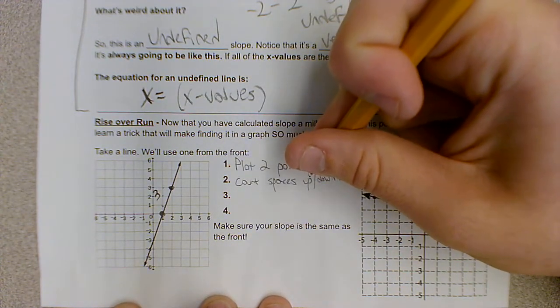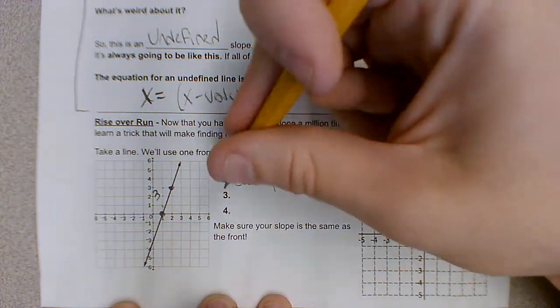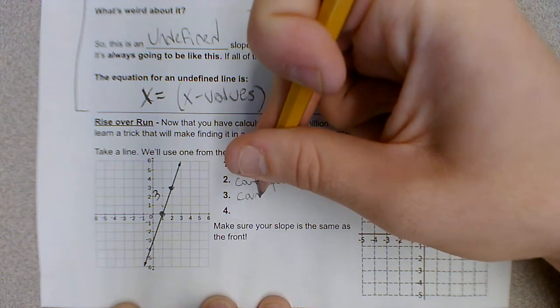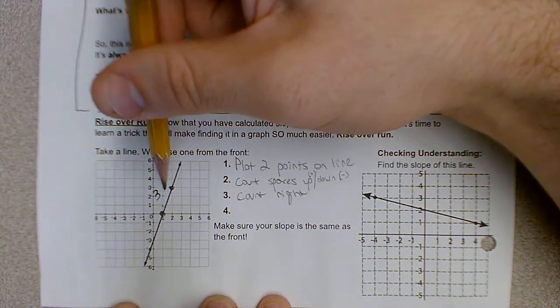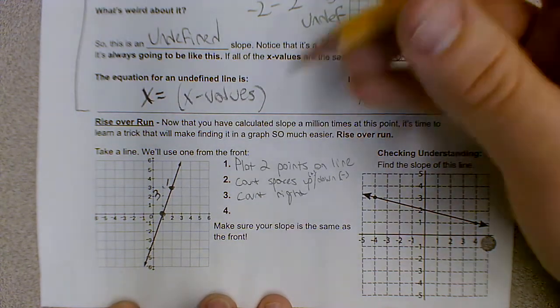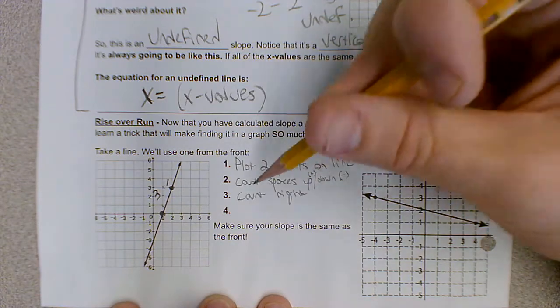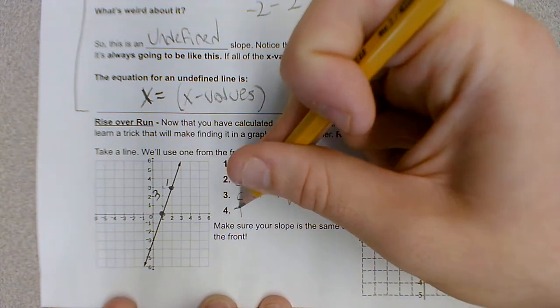Up is positive. Once you count up, you're going to count right. So I'm going to count 1 to the right. Okay? So I've counted spaces up and down.